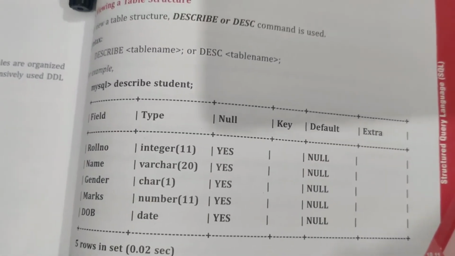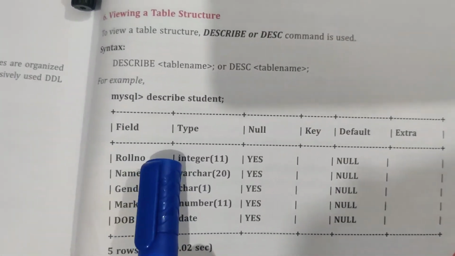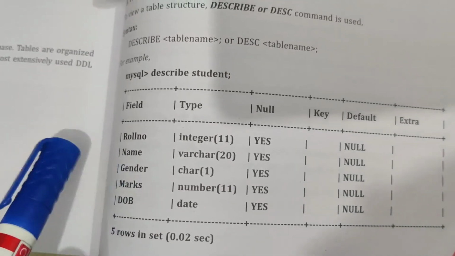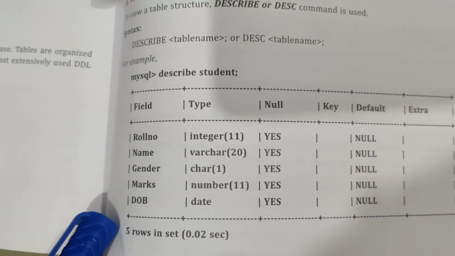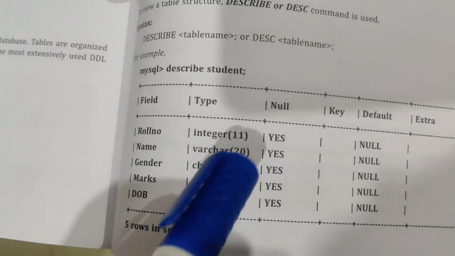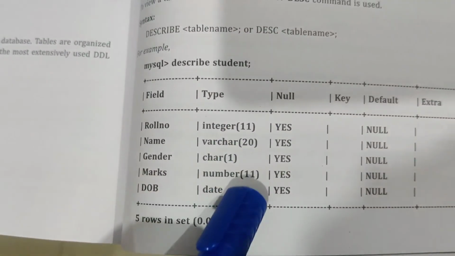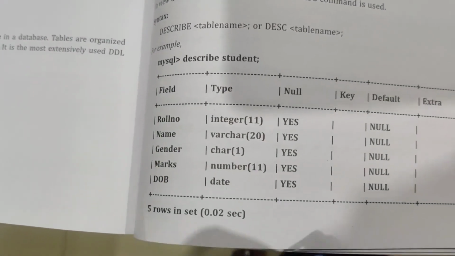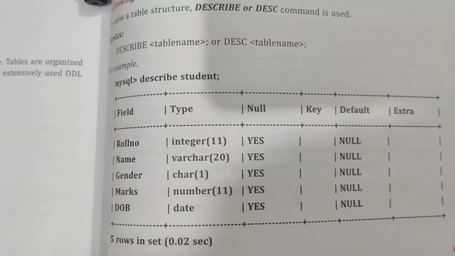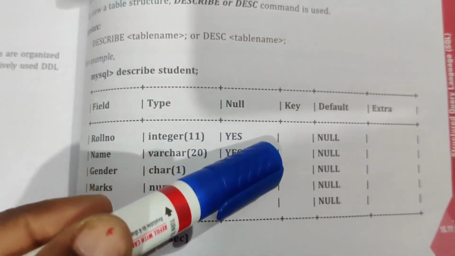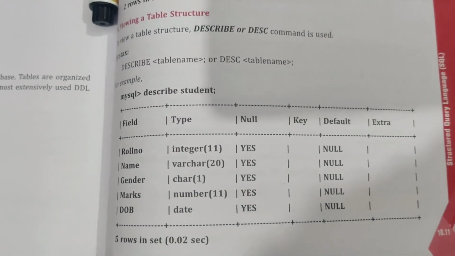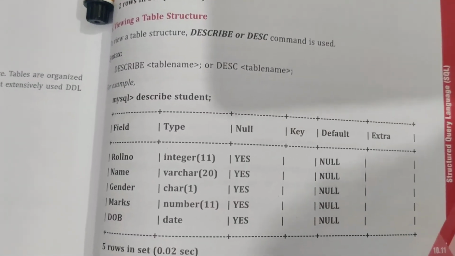It will show the structure like this: Field, type, null, key, default, extra. Roll number, name, gender, marks. This is the column name. This is the data type what you have taken. Null by default it will show yes, because if the value is null, meaning there is no value, it will accept it. Key is for primary key, foreign key, like that, and default, null, extra. It will be told afterwards to you.